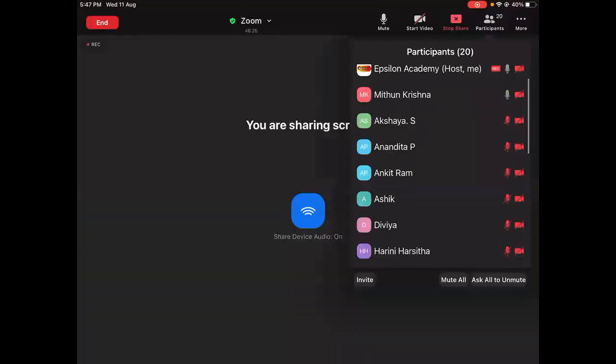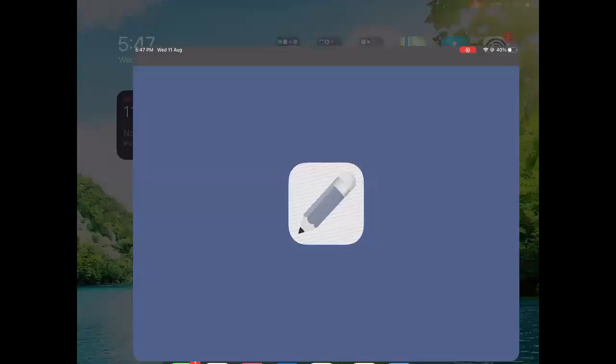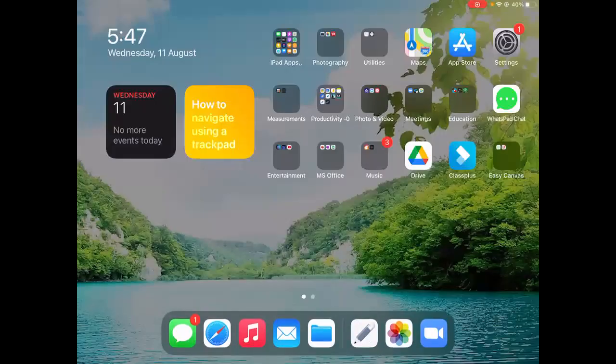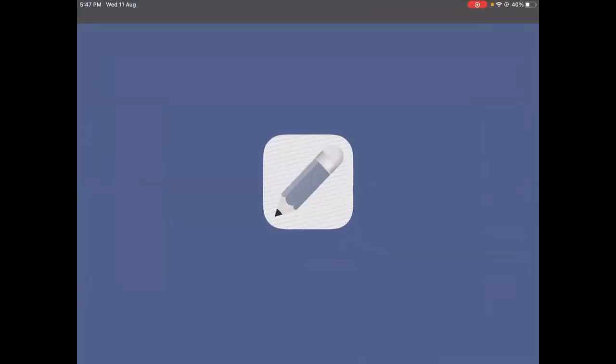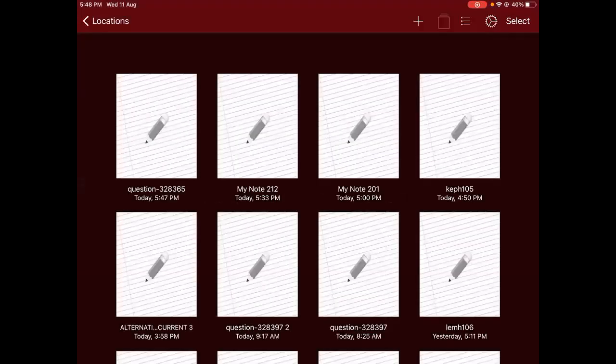Sir, can you write down the log derivatives alone, sir? How to differentiate log alone, sir? Wait a minute, my device got stuck.